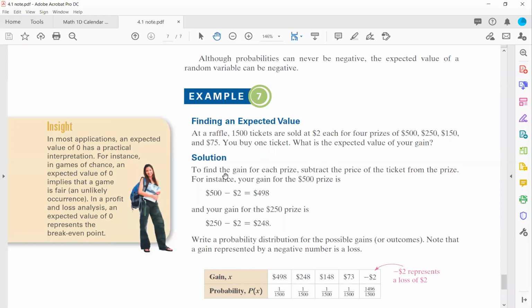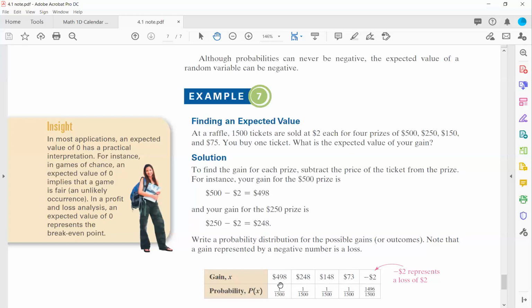Well, first of all, to find the gain for each prize, you have to subtract the price of the ticket that you purchased from the prize. That makes sense. So you have 500, you have 250, you have 150, and you have $75. So you have to subtract 2. You pay $2 to purchase the ticket, and 500 minus 2 is going to be 498.